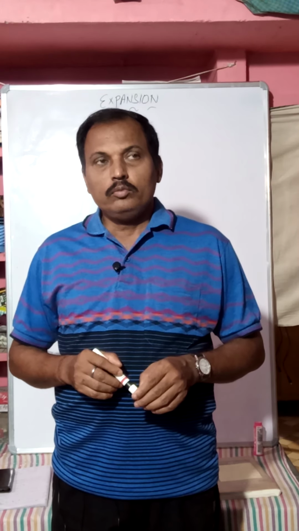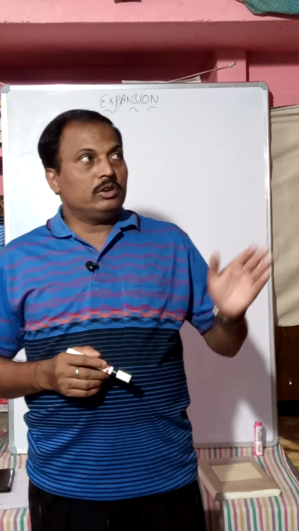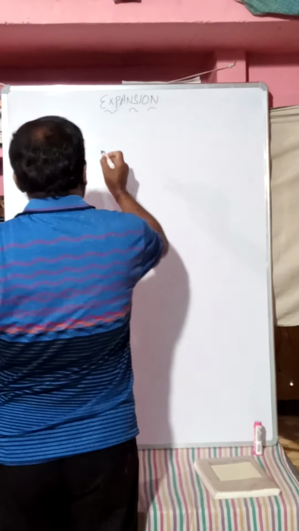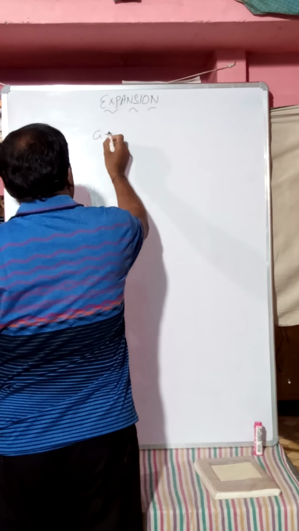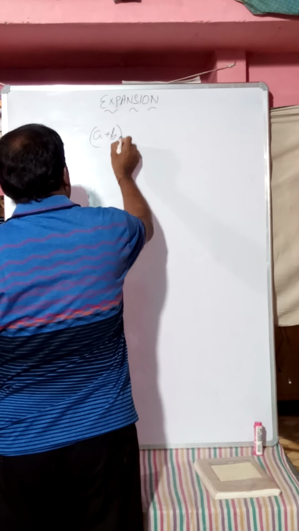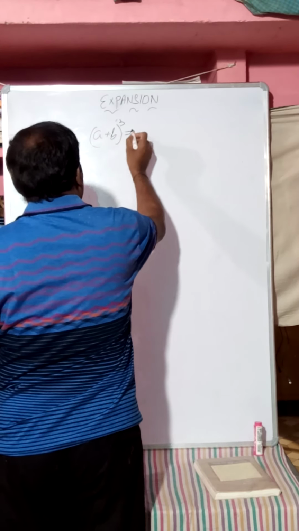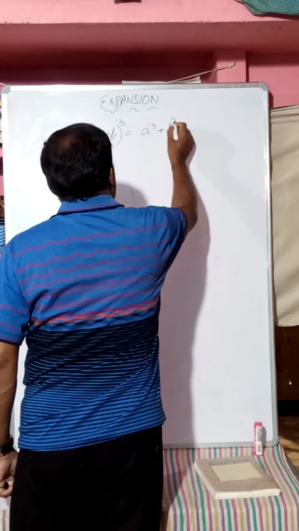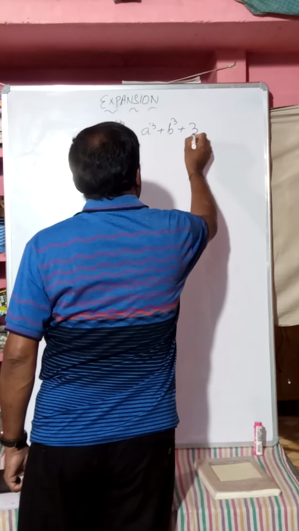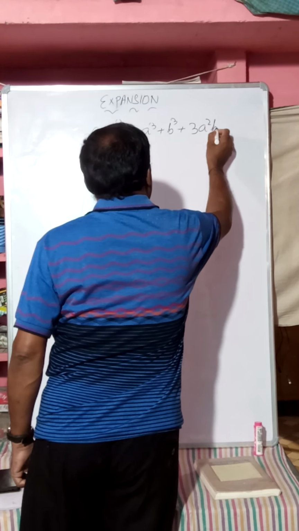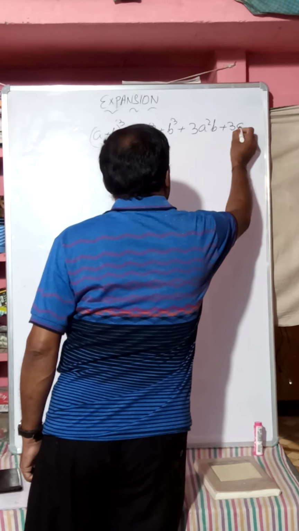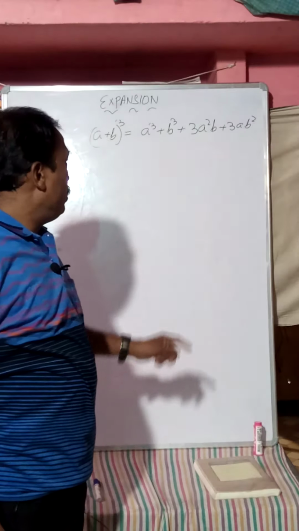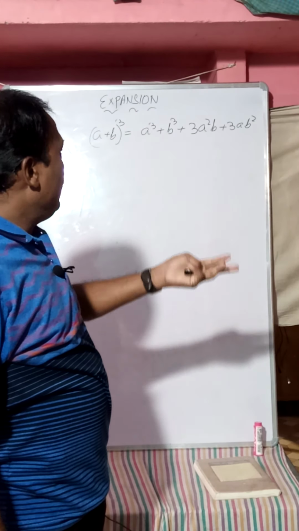Now I will show that formula and recall it. (a plus b) whole cube is equal to a cube plus b cube plus 3a square b plus 3ab square. This is the formula of (a plus b) whole cube we discussed in our last class.